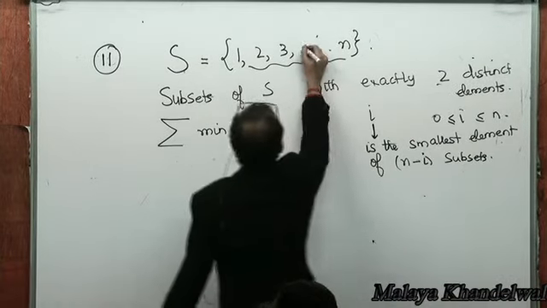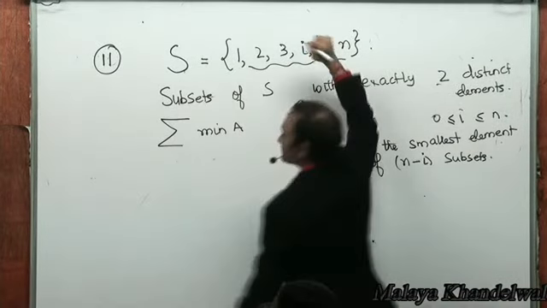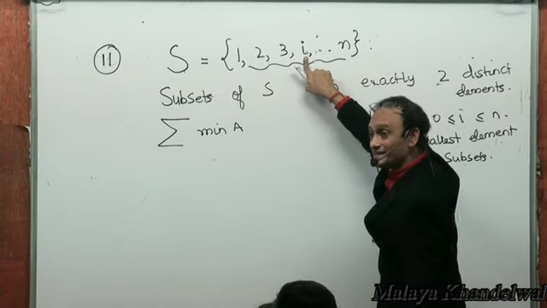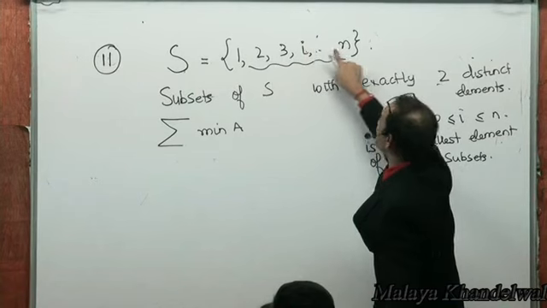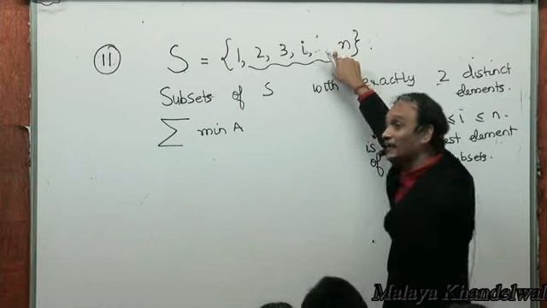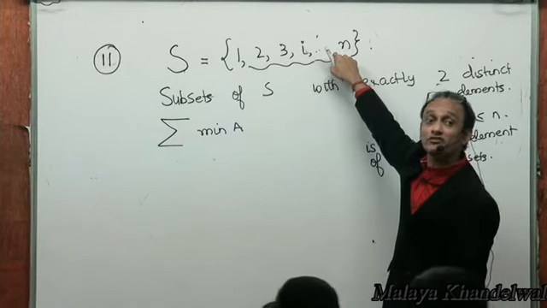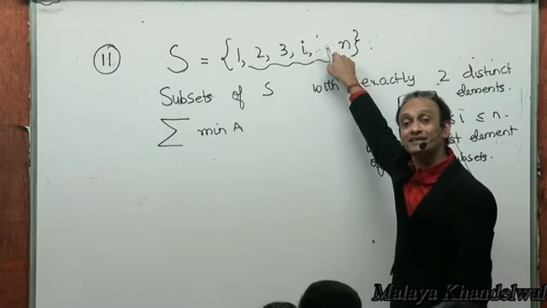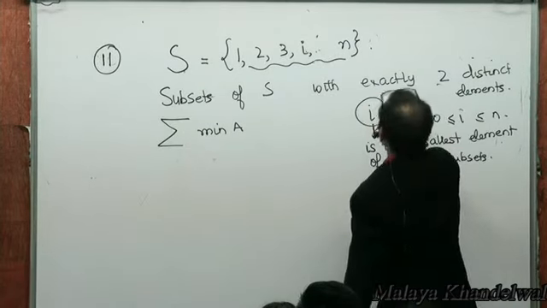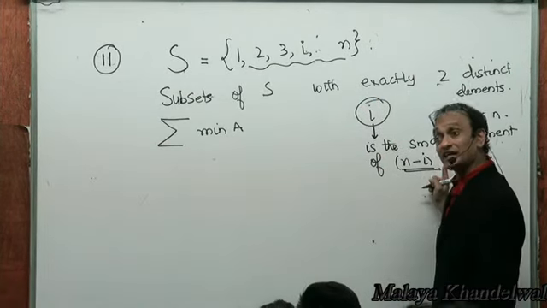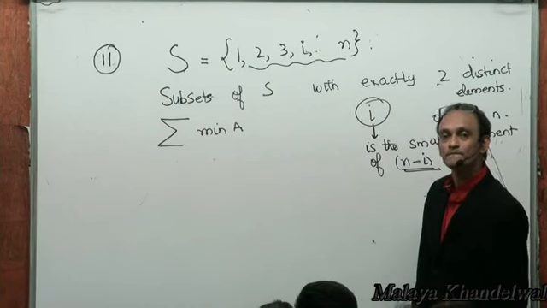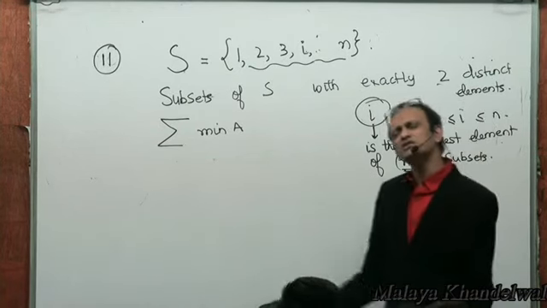If I select a member i here, then in the subset in which i is the smallest, the second element can be selected in n minus i ways, it can be i plus 1, i plus 2. The remaining n minus i elements could be the second element of a subset with i being the smallest. Yes or no? That means there are n minus i subsets in which i is the smallest element.